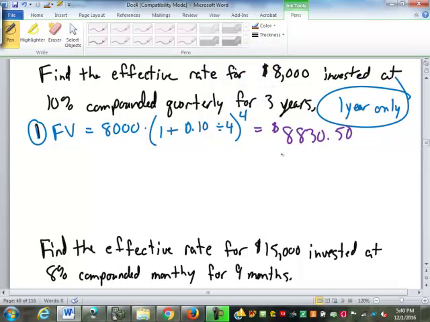So then we use that, we're going to subtract our principal of 8,000 to get $830.50 is our interest.